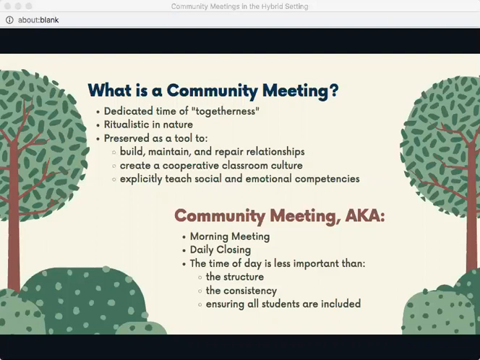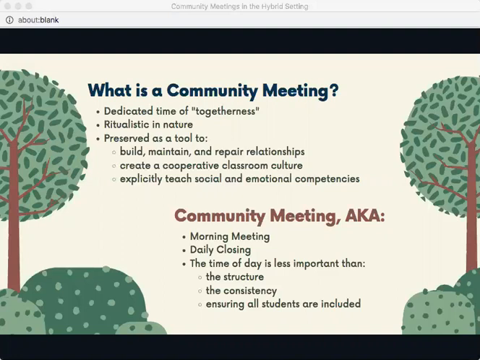Community meetings are also a tool to build, maintain, and repair relationships. So that's peer relationships and also teacher to student relationships. They help to create a cooperative classroom culture, and they also provide a space where we can explicitly teach social and emotional learning competencies.